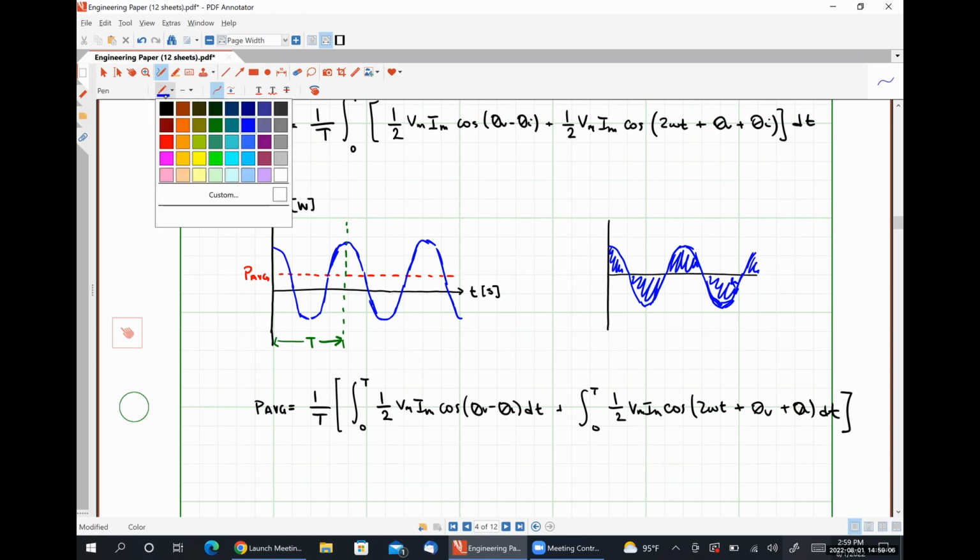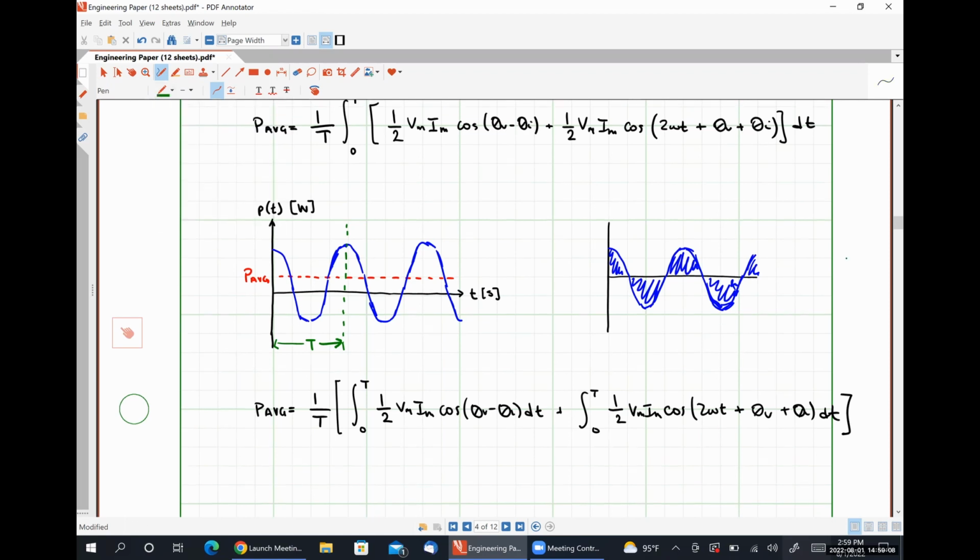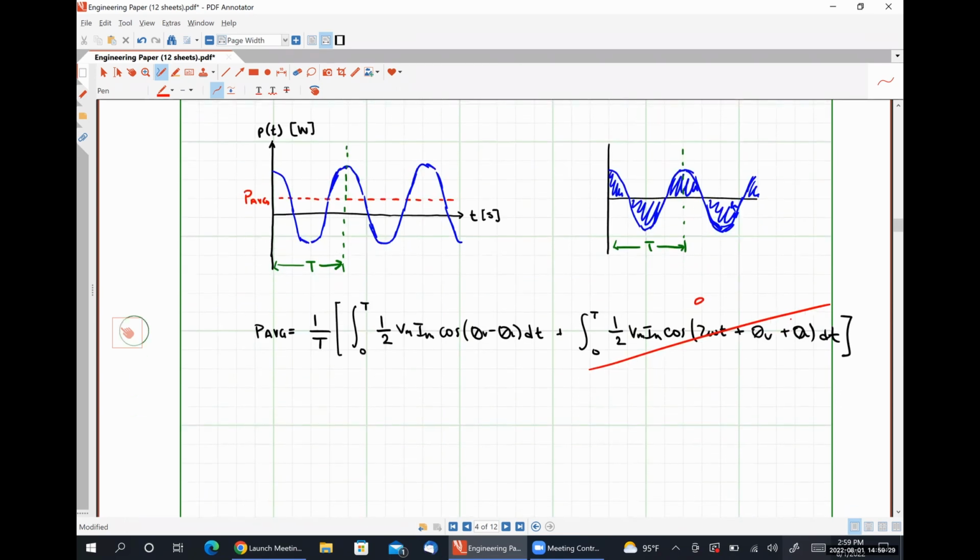So if I'm only doing my integration from here to here, what's the area under the curve? It has to be 0. So this whole term goes away, and I'm left with just the DC portion.